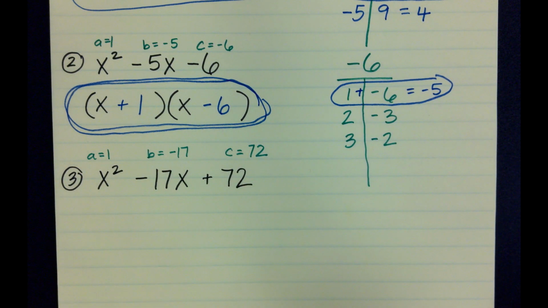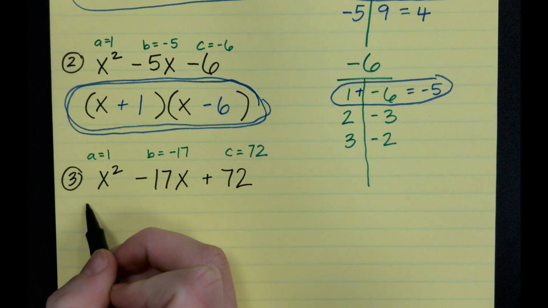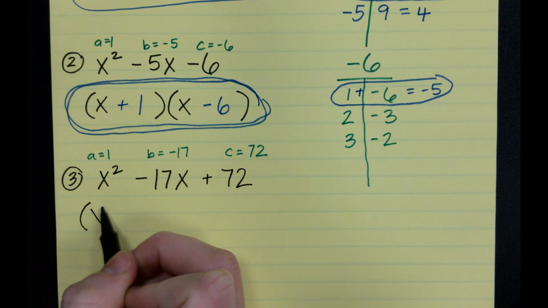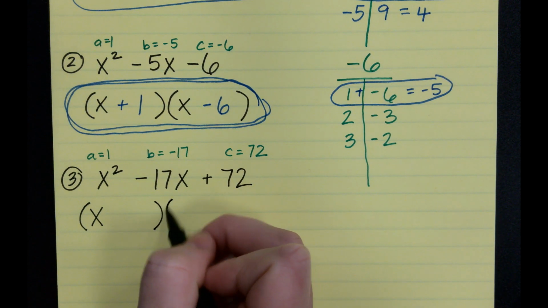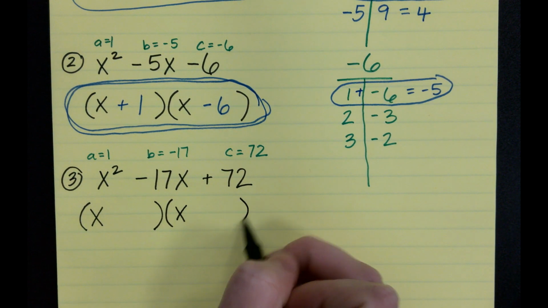72. Okay. So first step, whenever we are factoring a quadratic expression, what's our answer going to look like? Yeah, we're going to have 2 sets of parentheses with x plus or minus something in both of them.